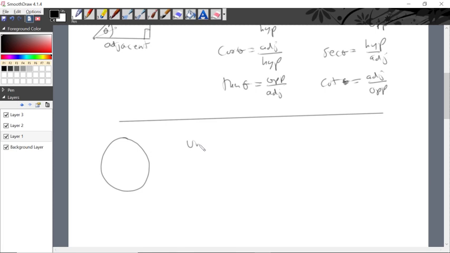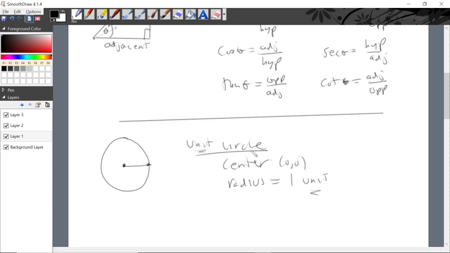The unit circle is a circle that has the center at the origin (0, 0), and the radius of the unit circle is equal to 1 unit of measure. All right. So maybe the radius is 1 foot, 1 inch, 1 centimeter, 1 mile, 1 light year, 1 astronomical unit, 1 unit of distance from the center to the edge.